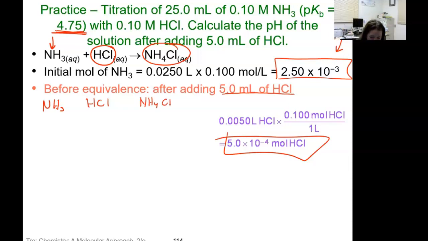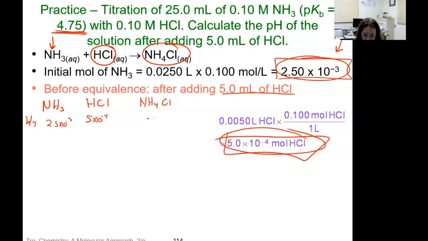And so our moles before, we had 2.5 times 10 to the negative 3, right? We added this much HCl. That's supposed to be a 5.